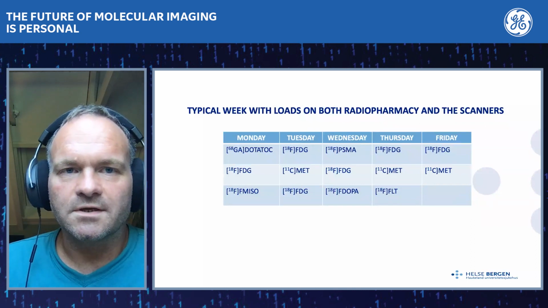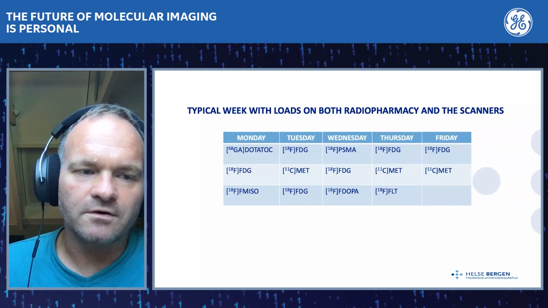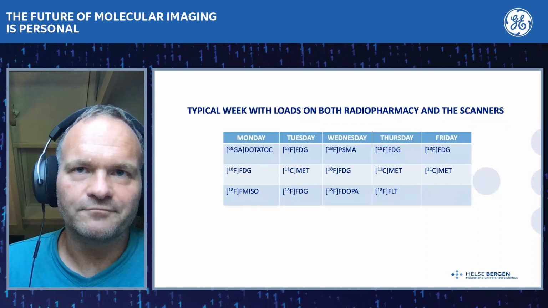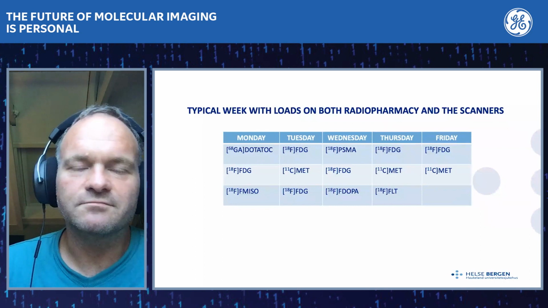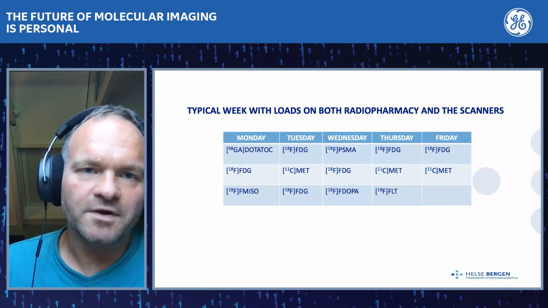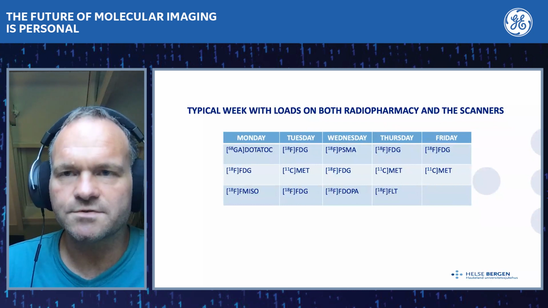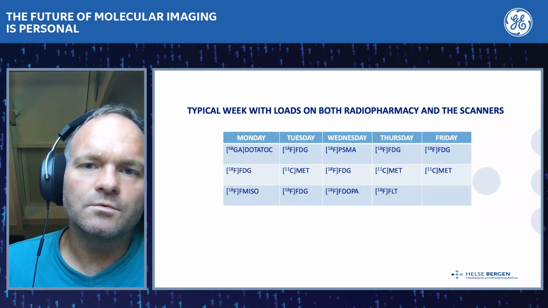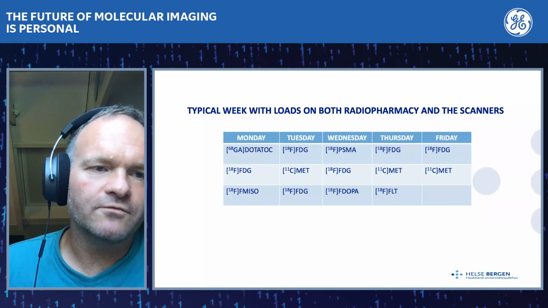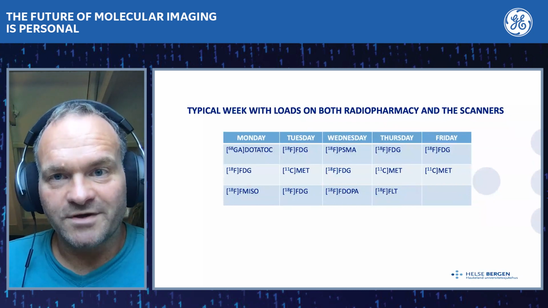So there's little room for error, and thankfully the systems are robust enough that they very seldom have any errors. But of course, from time to time, that will happen. So this schedule here is busy not only for the radiopharmacy but also for the scanners. So what do we do then if we get a demand for a new scanner or a new tracer?